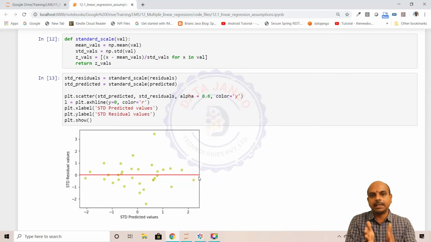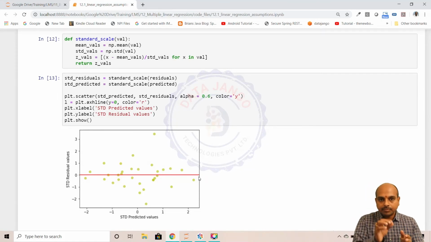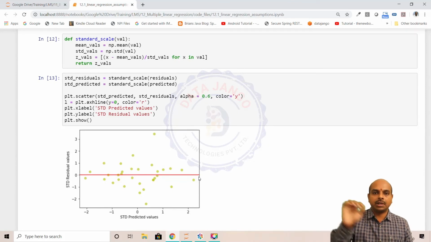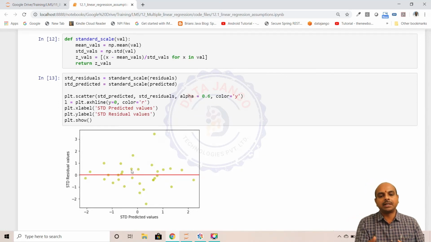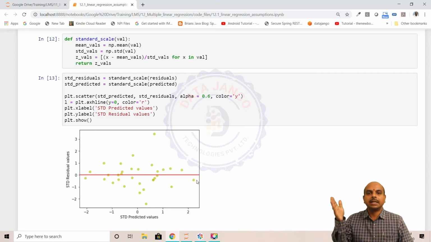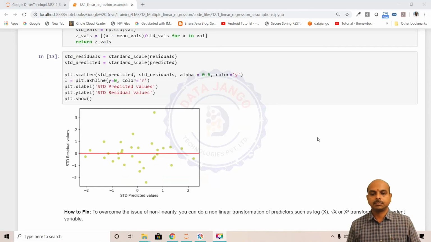If x and y are linearly related, the linear equation would go through the data properly. When the line goes through the data properly, the predictions are very close to the actual data points, so the error is going to be close to 0. When you do a predicted versus residuals plot, if all these green and yellow dots are falling on the line, the input data is satisfying the linearity assumption.